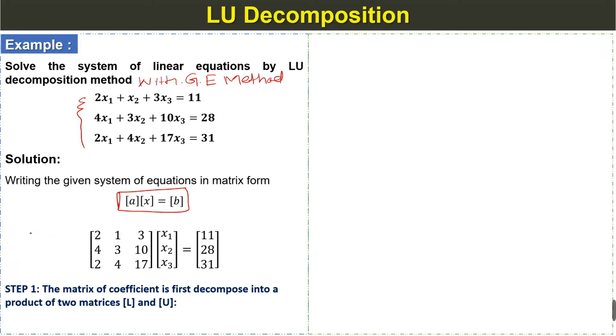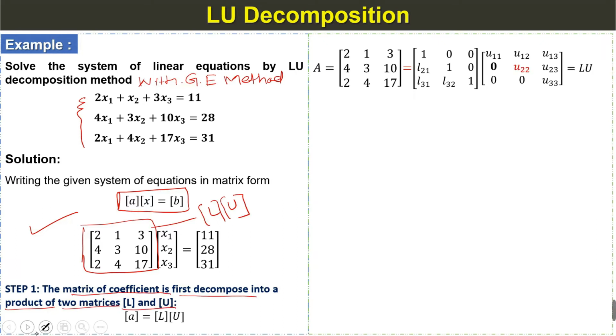So we have the matrix here, and this is our coefficient matrix. We decompose this matrix into lower and upper triangular matrices by applying the Gauss elimination method. The first step is that the coefficient matrix is decomposed into a product of a lower triangular matrix and an upper triangular matrix.